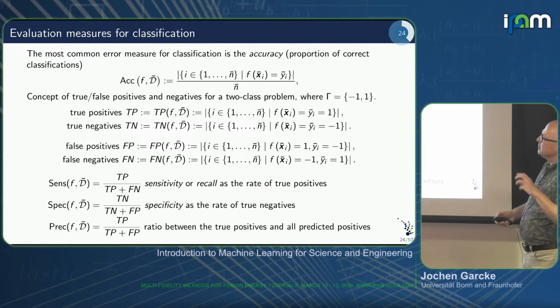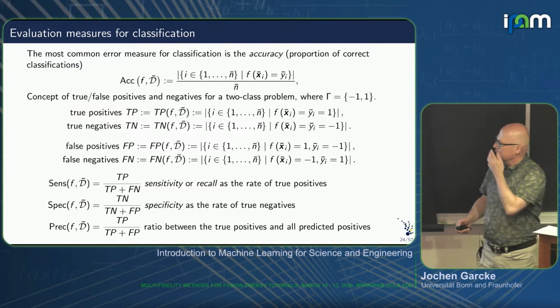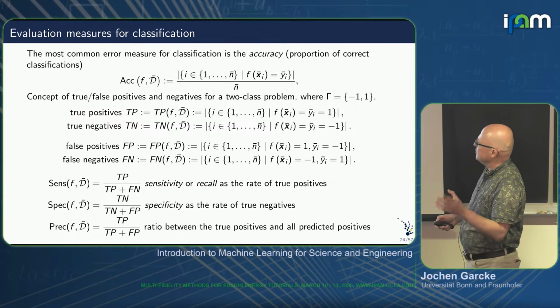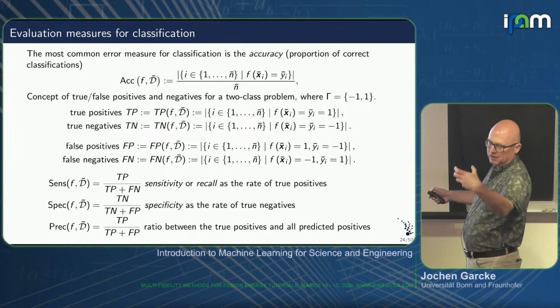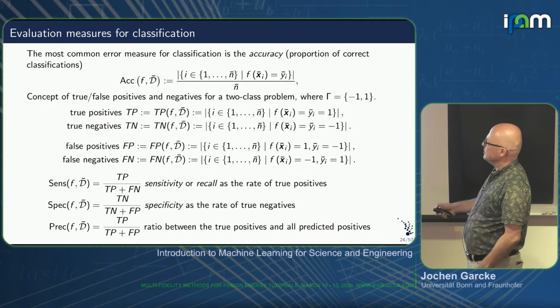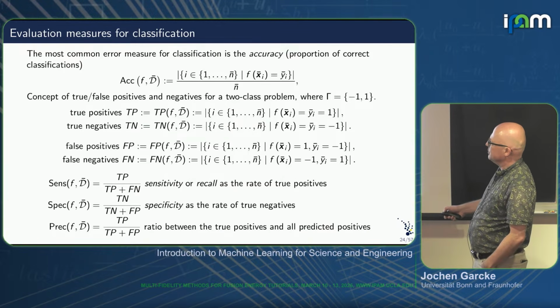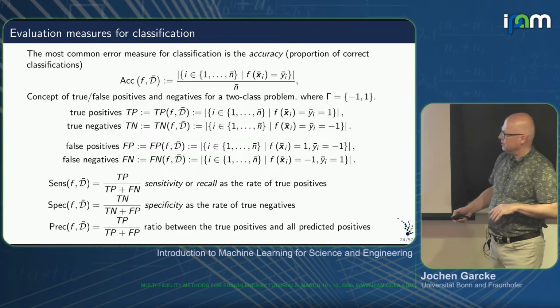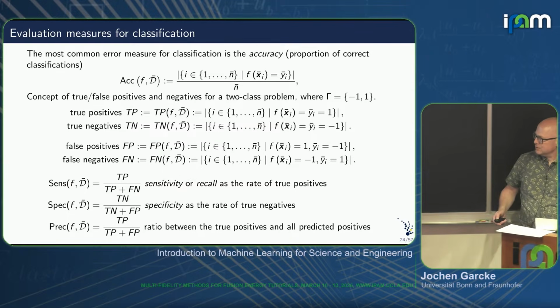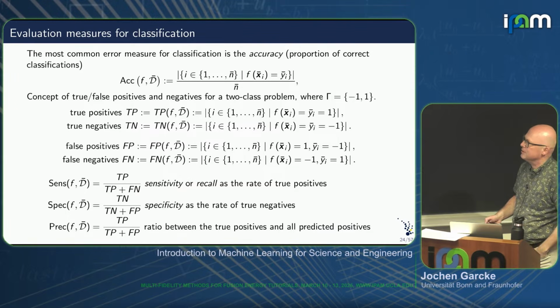You have similar things for classification: true positives, true negatives. So the accuracy, the percentage which is correctly classified, true positives, true negatives, false positives, false negatives, sensitivity, specificity, and precision. But I think we don't need to worry about that right now.